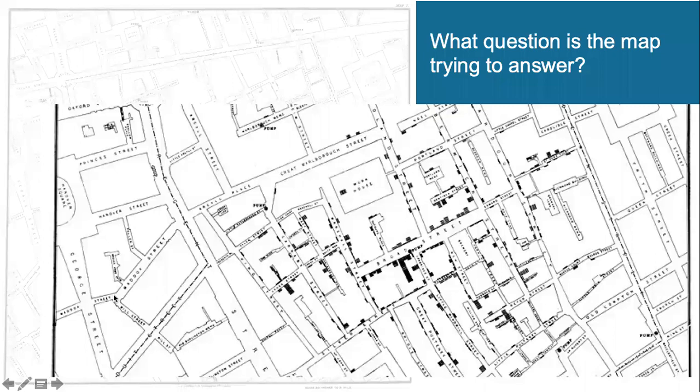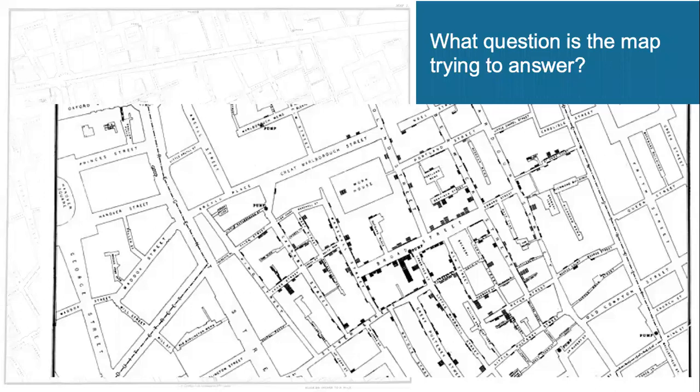So, looking at this map, what question is the map trying to answer? So using the information that it's marking the number of cholera deaths, what question might the map be trying to answer? Exactly. What are the hotspots?